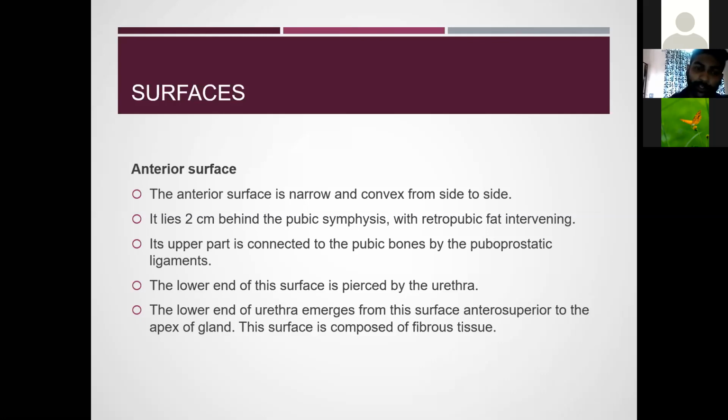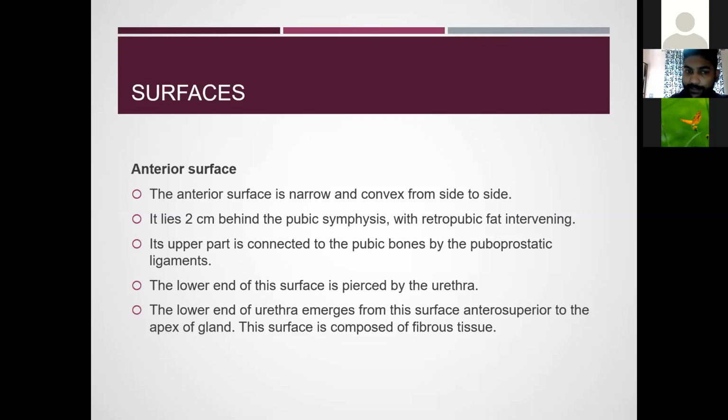The urethra emerges from the anterior surface, anterior superior to the apex of the gland. This surface is composed of fibrous tissue.